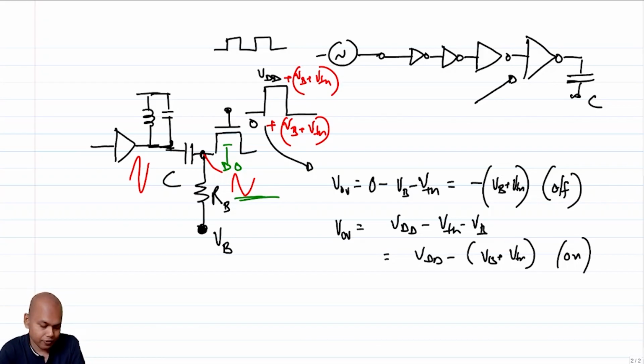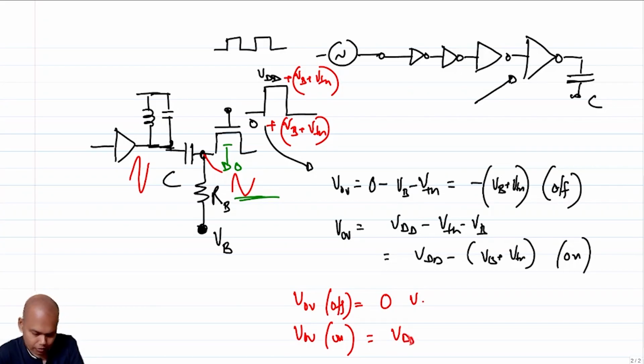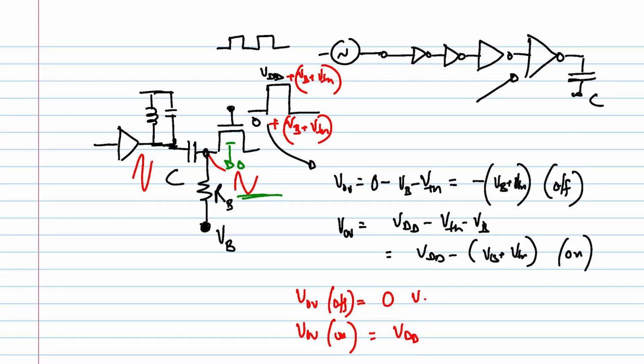So in that case, what is the V overdrive during off state? Then this is obviously 0 volt. And what is the V overdrive during on state? This will be VDD, right? So this looks to be the best possible solution.